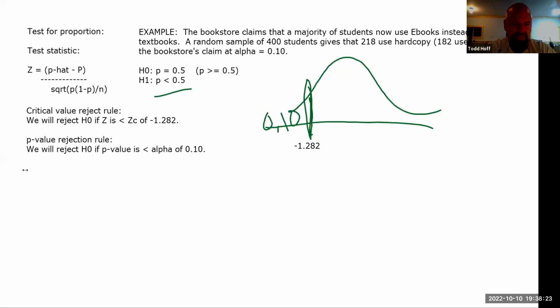So our test statistic z was negative 1.8. The p-value of 0.0359. So we're going to have the same conclusion either way.